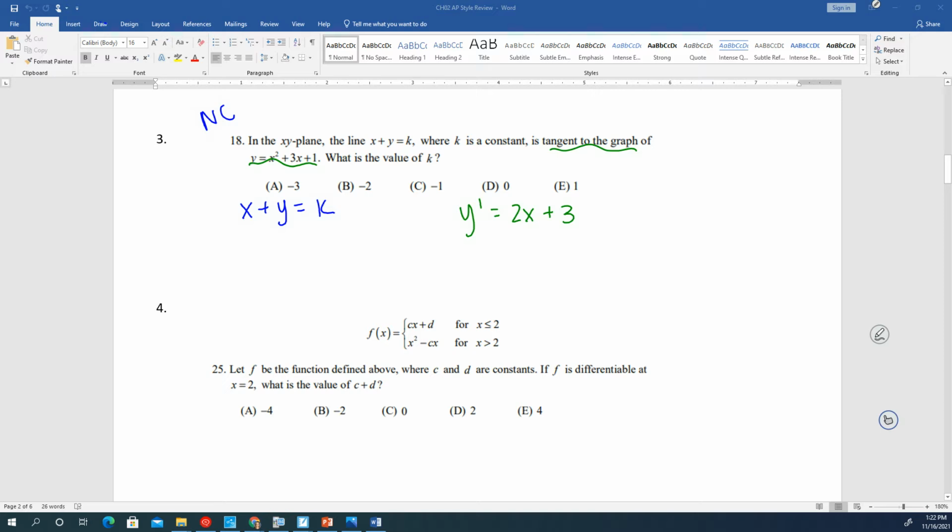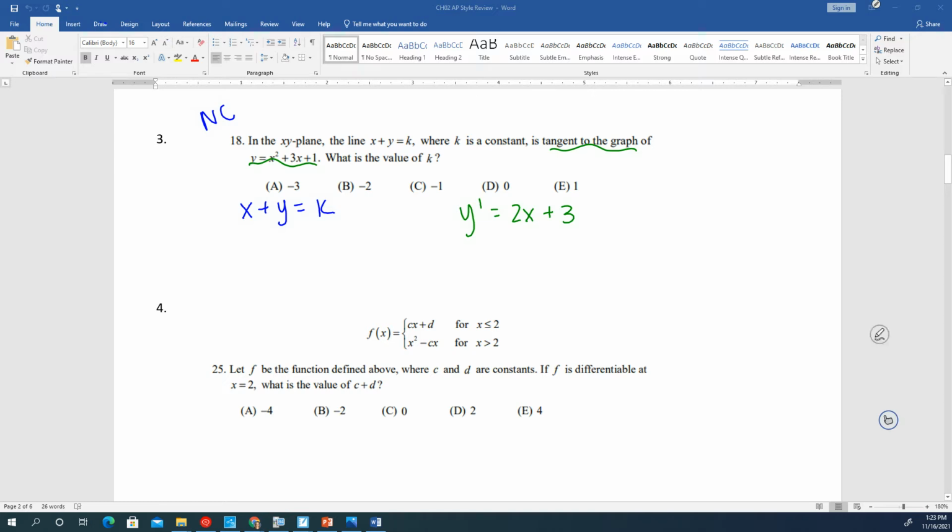Okay. I'm trying to think where to go from here. Our derivative is 2x plus 3. Why do I? Oh, I know.